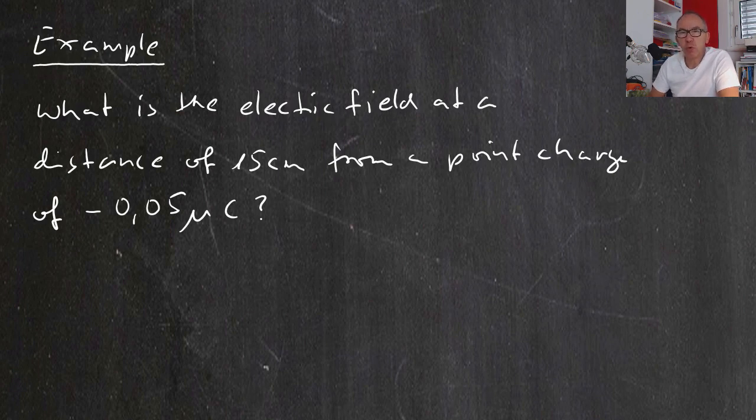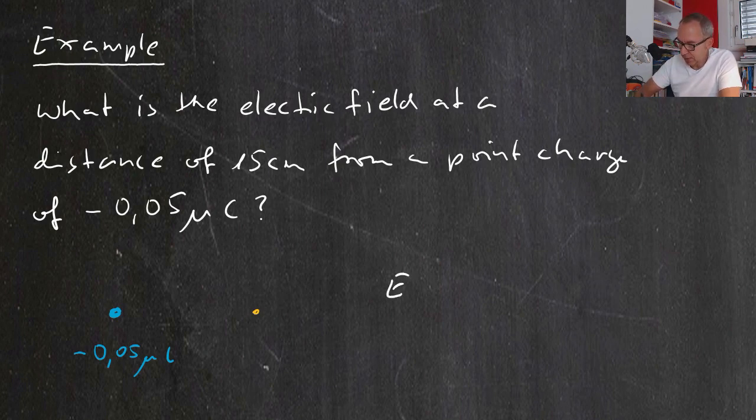We could draw the situation. We have this source charge, so I draw it here, minus 0.05 microcoulomb. And we put the test charge over here, and we can calculate.